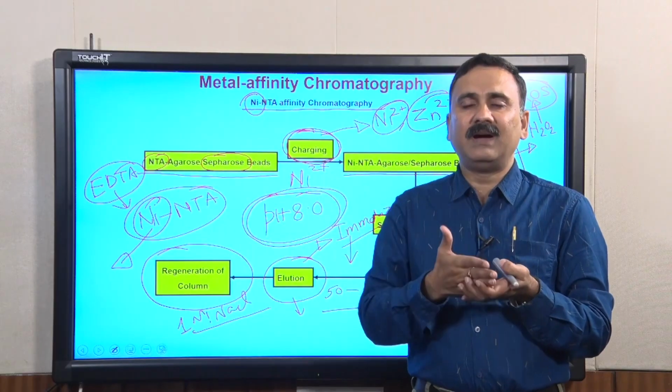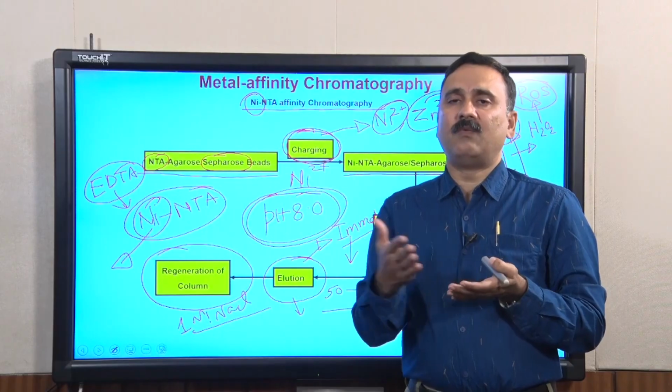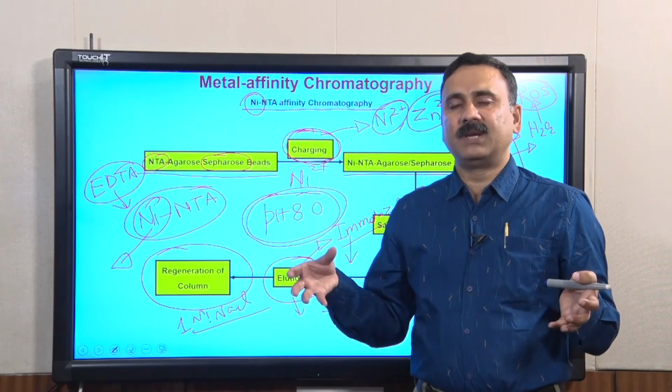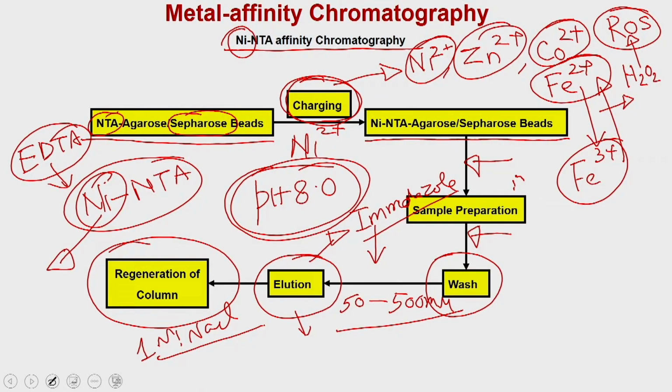So, if you would like to have consistent purification, it is recommended that after 5 to 6 purifications you strip the column, remove the nickel from the column and recharge it, so that every bead has a sufficient quantity of nickel to bind the protein. For that you have to do the stripping step.